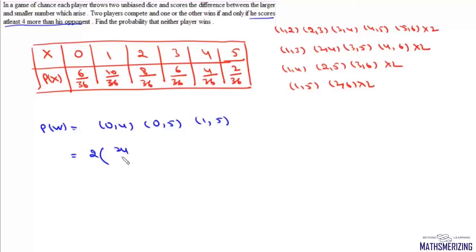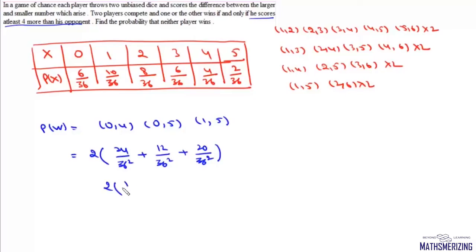So it will be 24 by 36 square plus (0,5), which will be 12 by 36 square, and plus (1,5), which will be 20 by 36 square. Now 24 plus 12 is 36. 36 square upon 36 is 1 by 36.